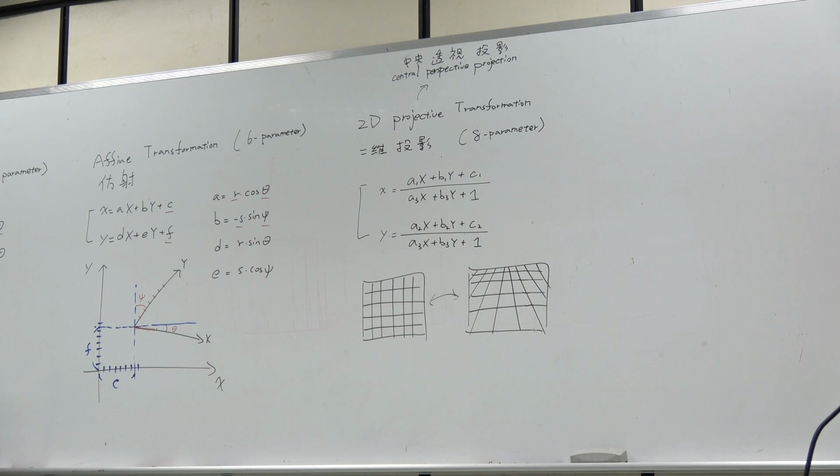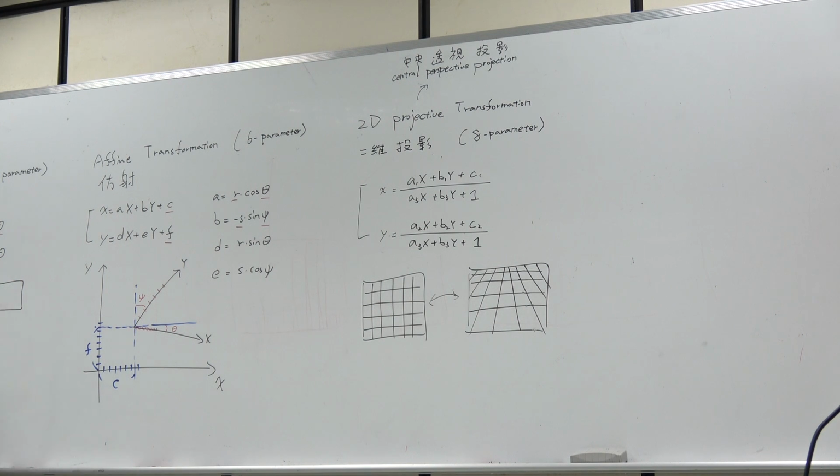Diamond. Sure, diamond. Your diamond is actually the square just rotated, right? So it's still a square. Which means that it can transform it to another square.